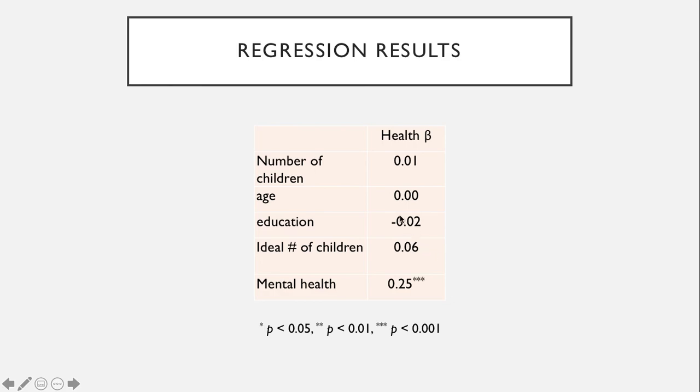Or this: for every 1 unit increase in education, there was a 0.02 decrease in health. But again, not significant, so it probably doesn't mean anything at all. The end.